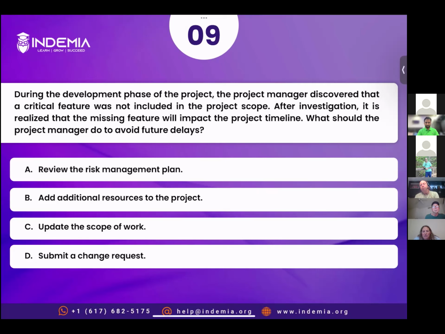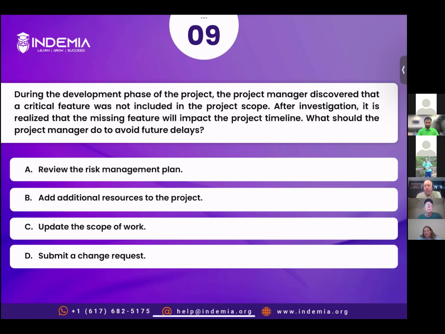So we already know there's some delays, but I guess we're talking more about future delays because we know there will be some to add this in. So my thought was submit the change request first. Then once that's approved, we know we have to update the scope to include the thing that we missed.